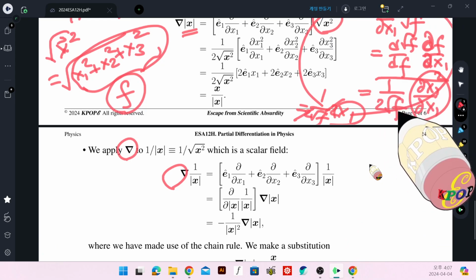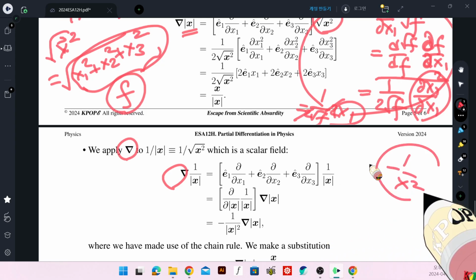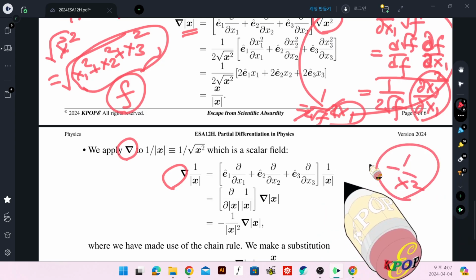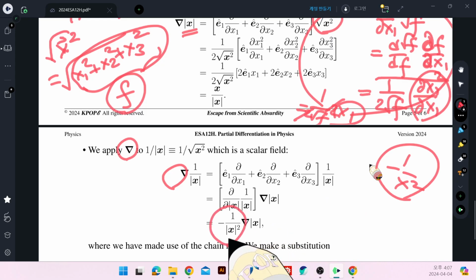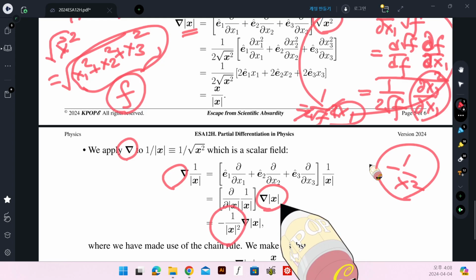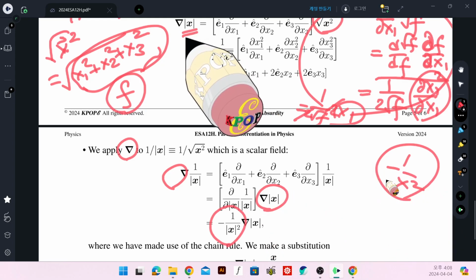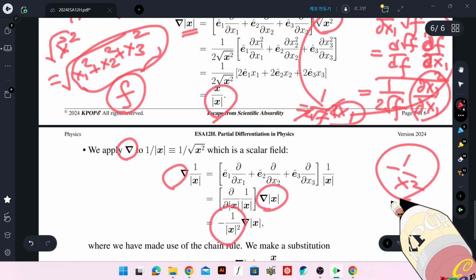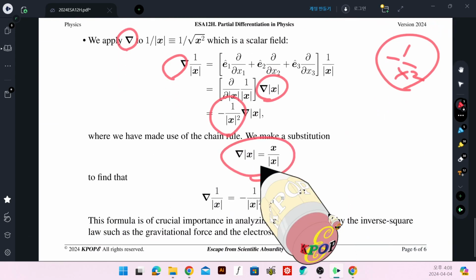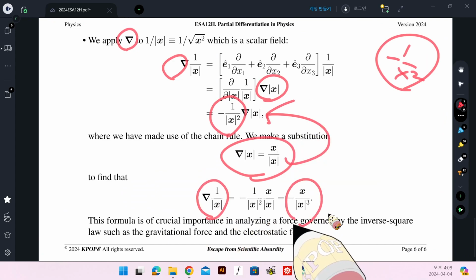What we have is just the derivative of 1 over x, which is minus 1 over x squared, times the gradient of the absolute value of x that we have obtained. Substituting this result, what we find is this.